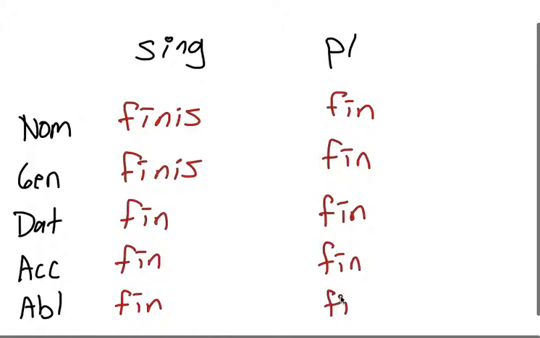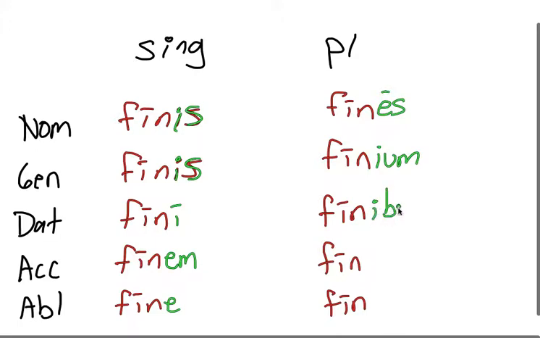Now that I have my base, I'm going to add endings. I already have my nominative and genitive, finis, finis, fini, finem, fine, and then in the plural, fines, finium, there's where the I-stem comes in, IUM, finibus, fines, finibus.